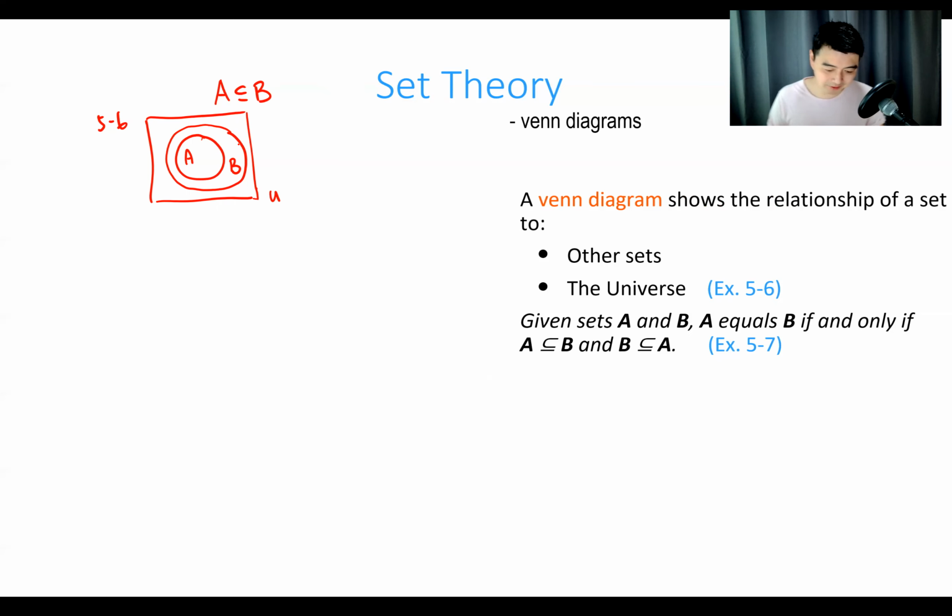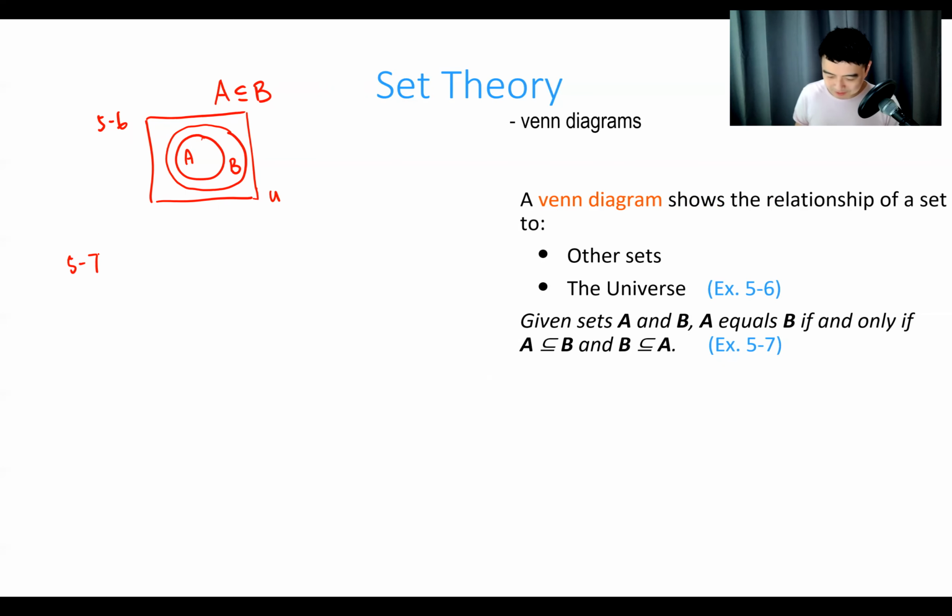Now, one good thing about a Venn diagram is we can also incorporate this idea into a proof as well. As an example, if you take a look at example 5-7 here, we have a statement that given sets A and B, A equals B. Now, again, remember what A equals B means. A and B contain the same elements, right? They are equal if and only if A is a subset of B and B is a subset of A. All right, so let's see if we can work out this proof.